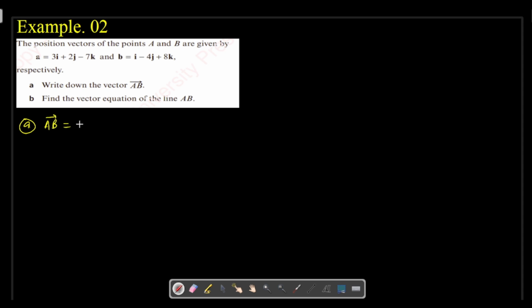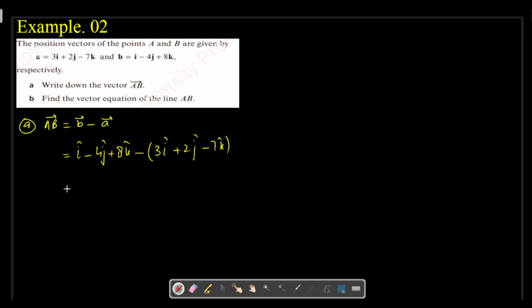We know that AB vector is equal to b vector minus a vector. So just plug in the value of b vector, that is i minus 4j plus 8k, minus a vector, which is 3i plus 2j minus 7k.